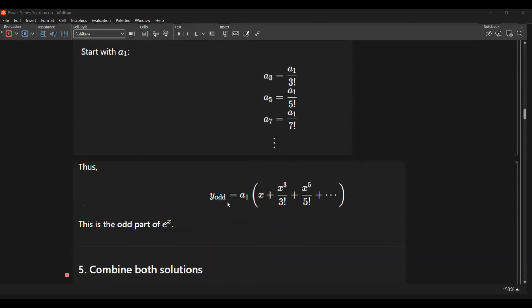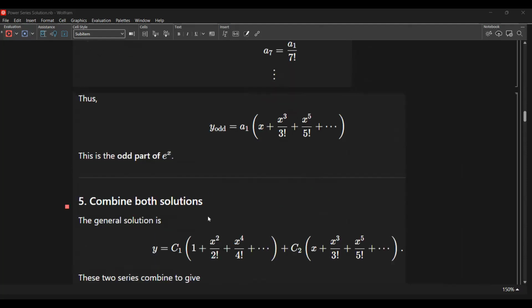So we have the solution here: c sub 1 multiplied by the sum of x plus x cubed over 3 factorial plus x to the 5th over 5 factorial plus the other terms here. This is the odd part of e to the x.